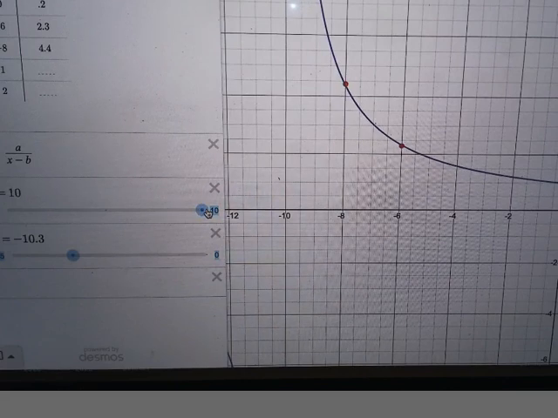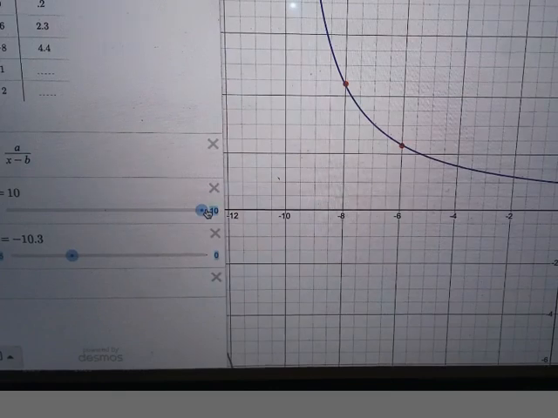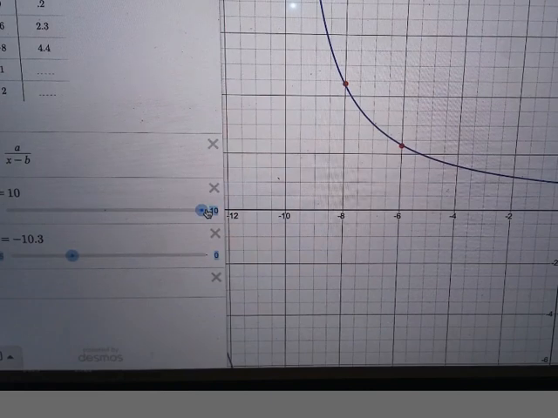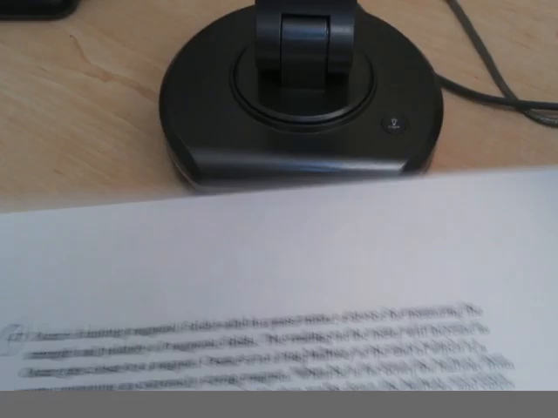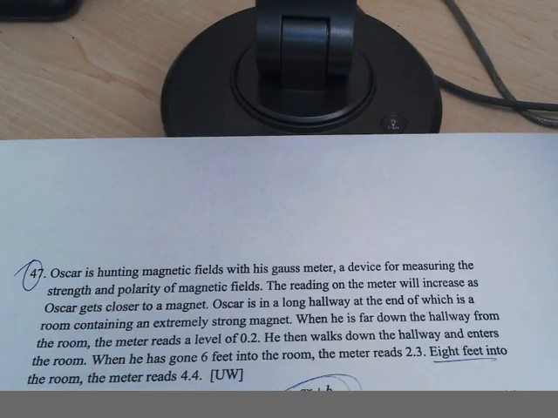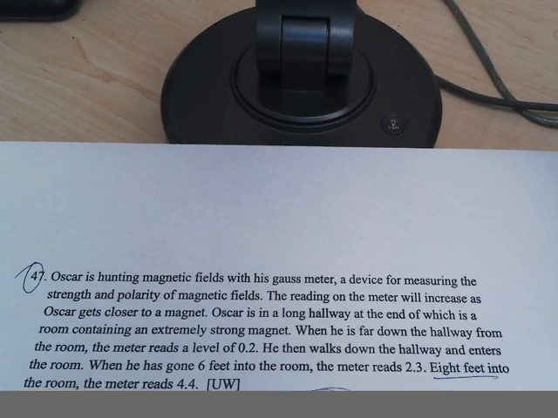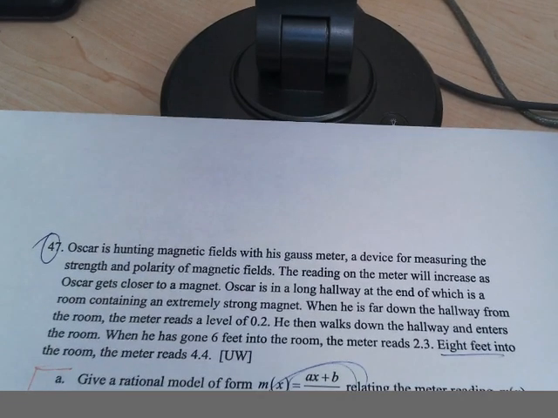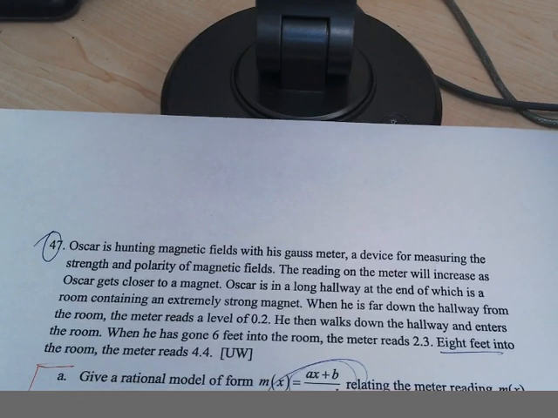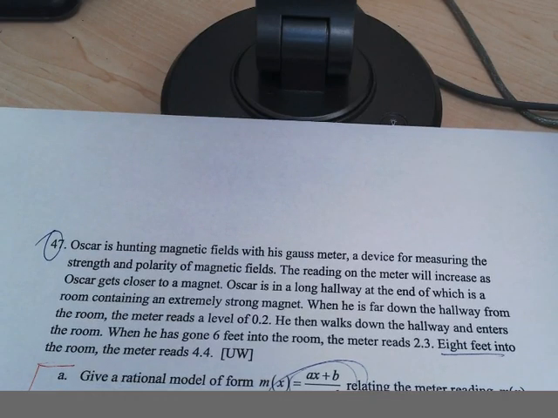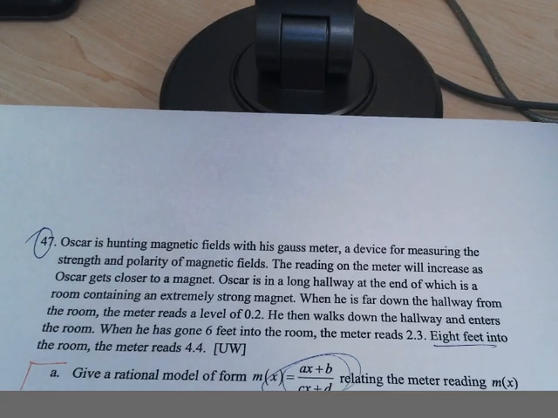And it looks like it works pretty well with A equal 10 and the denominator having -10.3. So what I found is that I have an equation that's y equals A was 10 over B equal x, the denominator being x plus 10.3.